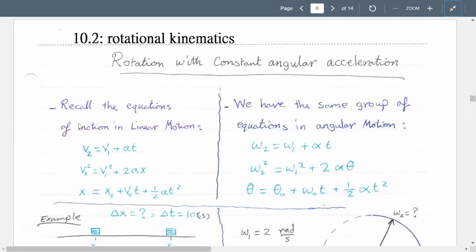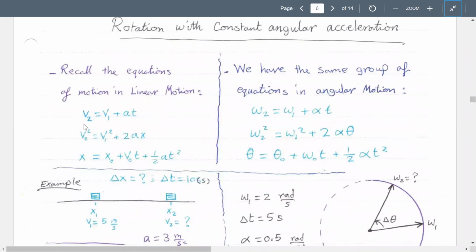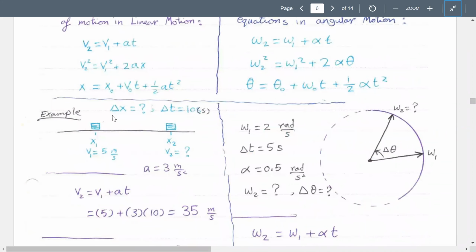Now we'll talk about rotational kinematics, which is rotation with constant angular acceleration. This will be also simple, just as we did from before. Remember from before, we have the linear motion and the equations of motion, which is the first level when we need to discuss any moving system.